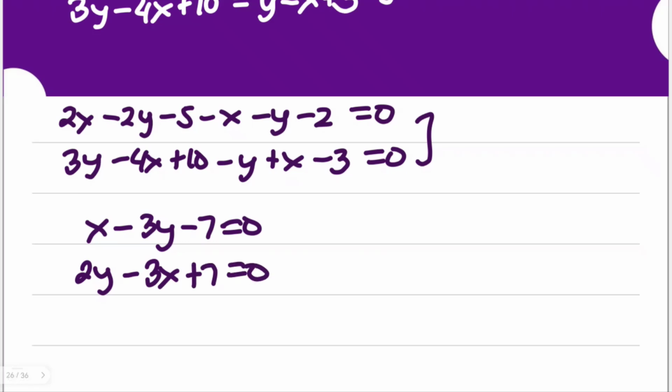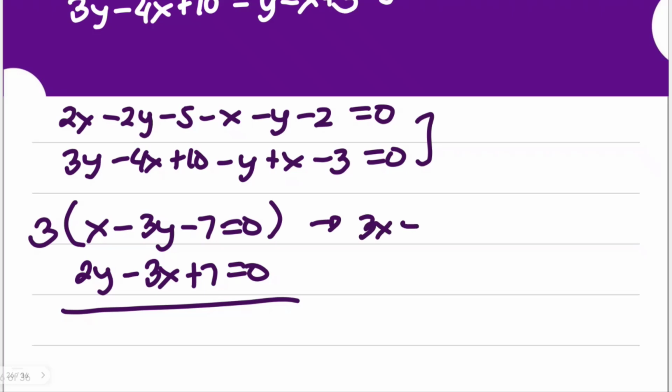Hopefully I'm doing it right. Please also try to follow the process because I might make some incorrect solutions later on. So allow me to simplify this further by the use of the elimination method from our high school years. Allow me to multiply a certain factor to one of the equations. Let me multiply 3 on the first equation, having it 3x minus 9y minus 21 is equal to 0.